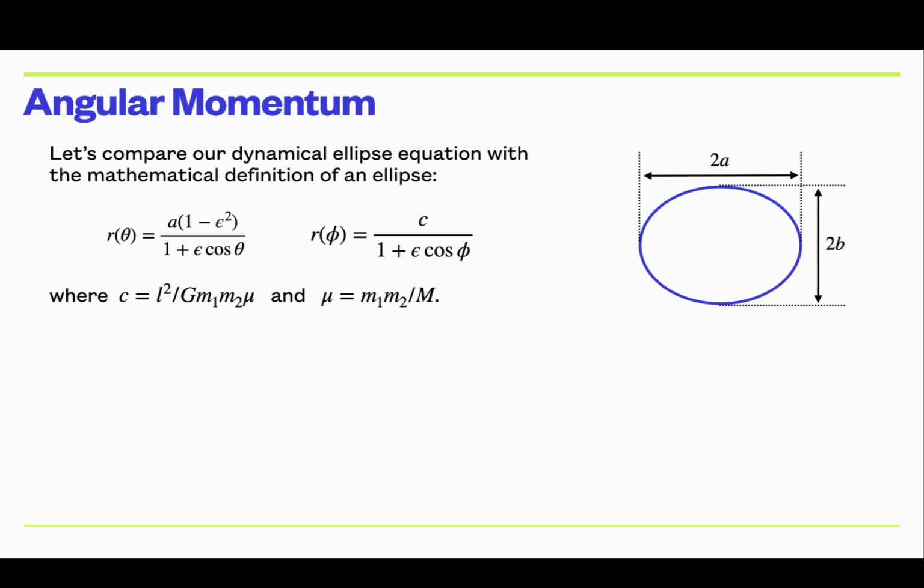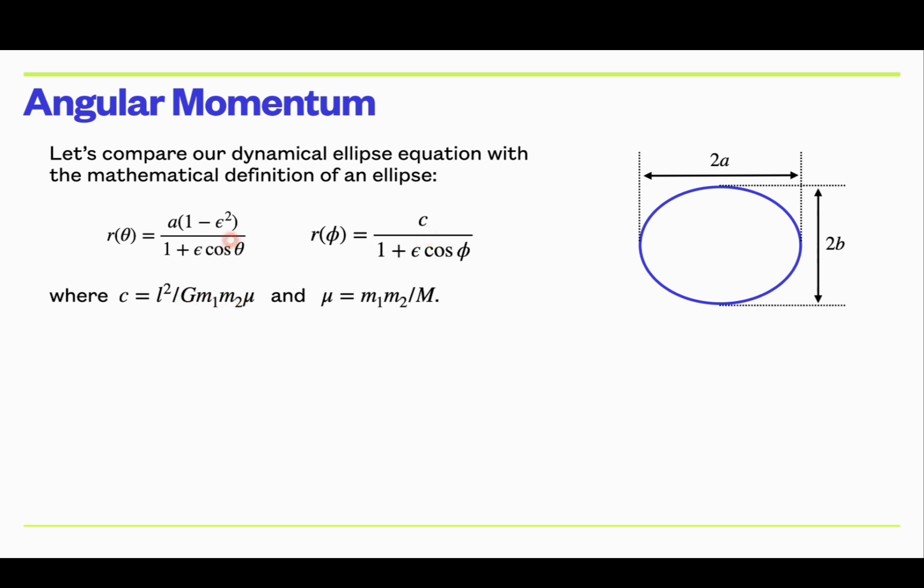You can use this equation to derive the angular momentum of the system. Remember that this is the geometrical or mathematical definition of the ellipse. This is the equation we derived dynamically using Newton's laws, where c is equal to this value for gravitational force.